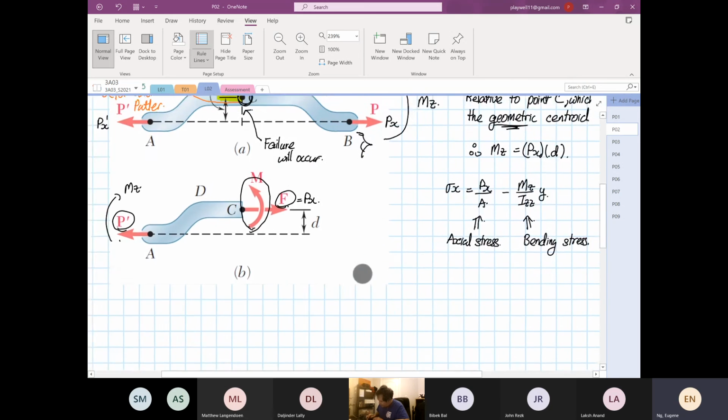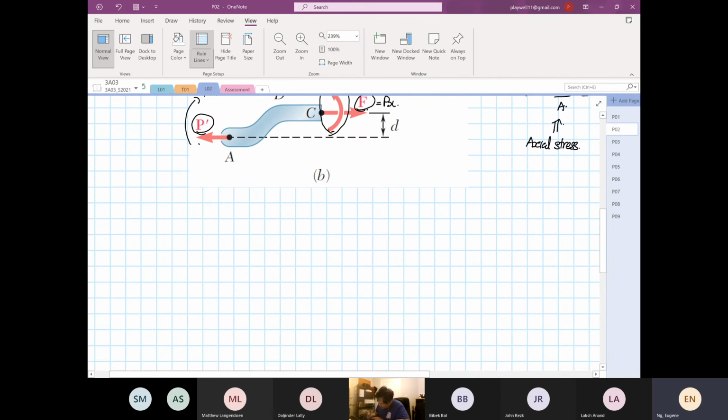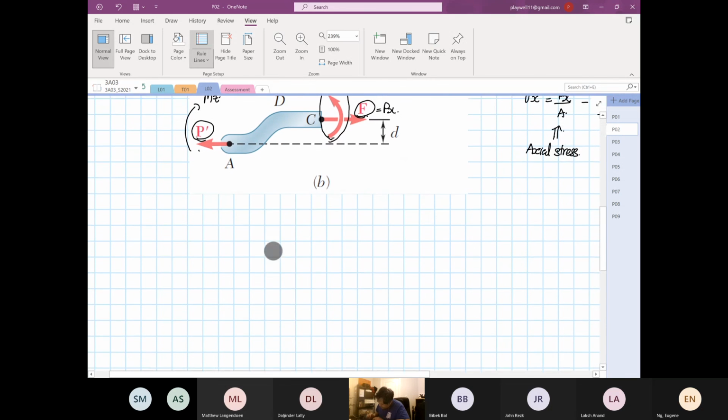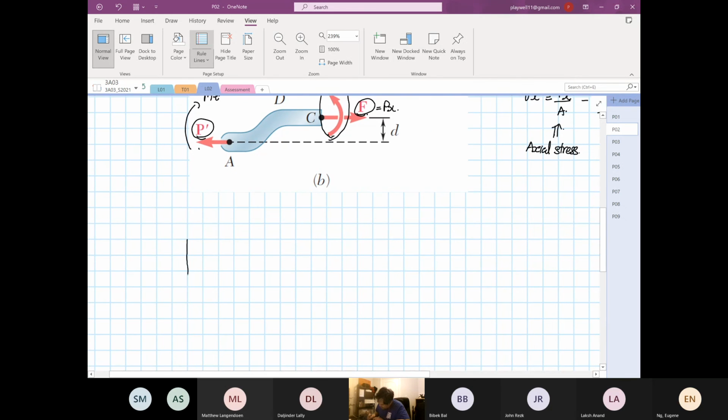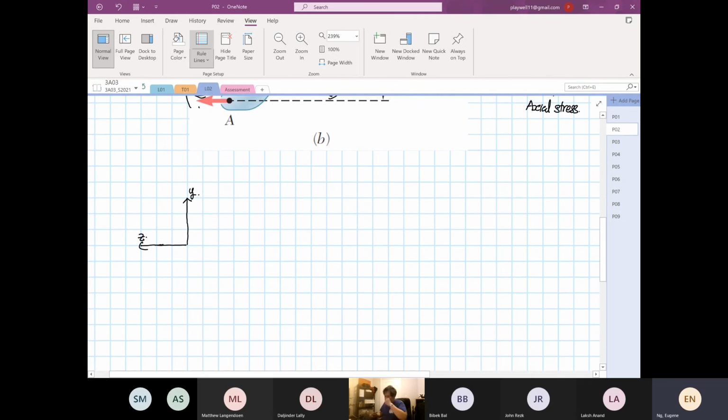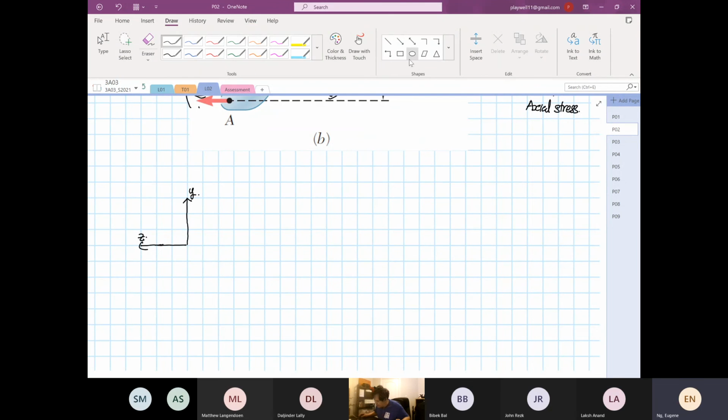If we look at the end view, the transformation goes like this. This is our Y, and this is our Z now. As I said, I'm going to make the assumption that we have a rectangular cross-sectional area.